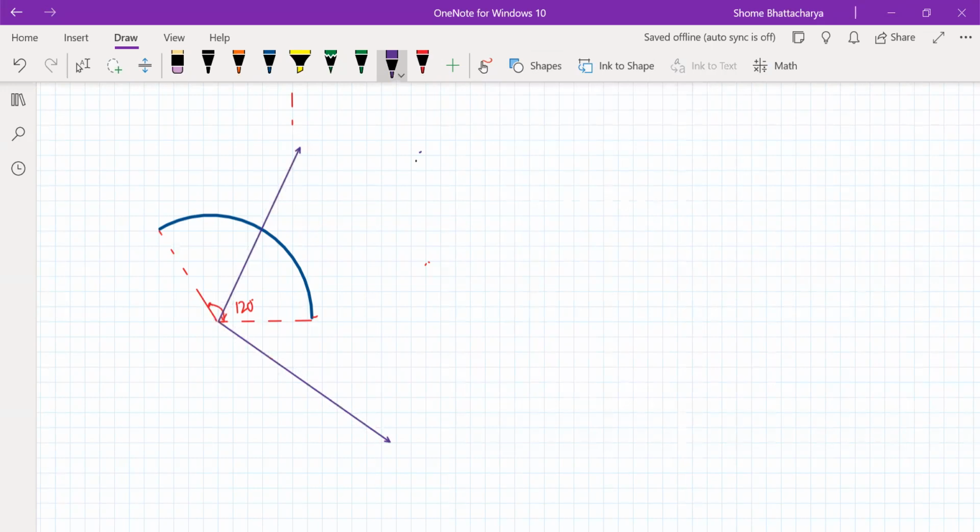So this is now our y prime axis and this is our x prime axis, such that this angle is equal to this angle, which is 60 degrees. Then we know that our center of mass will lie somewhere here. Right, this is clear again to everyone.